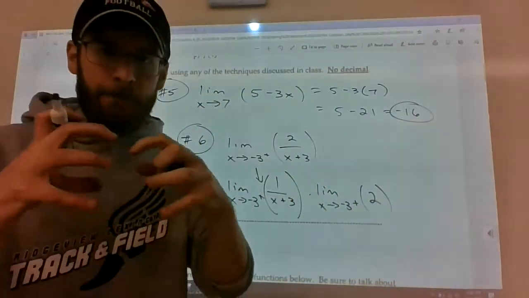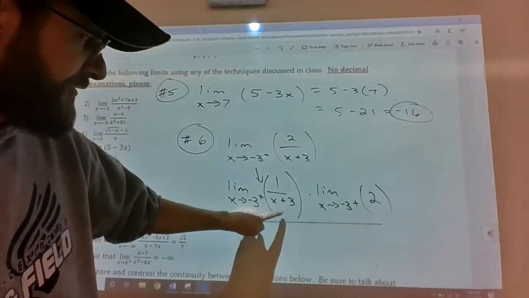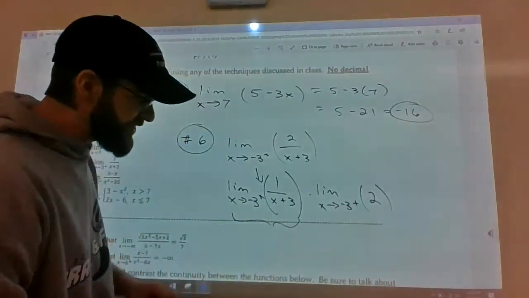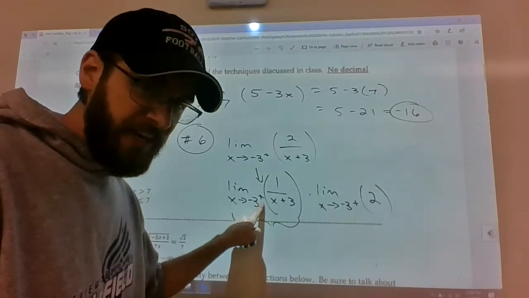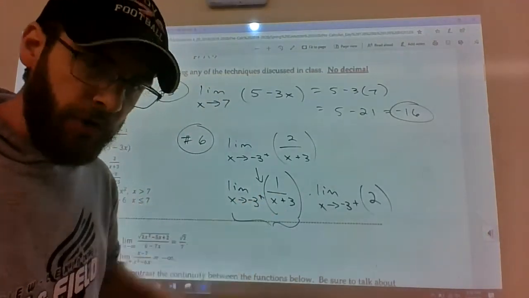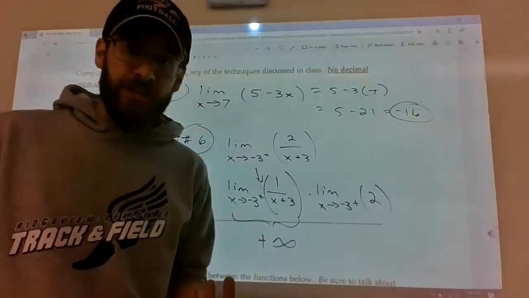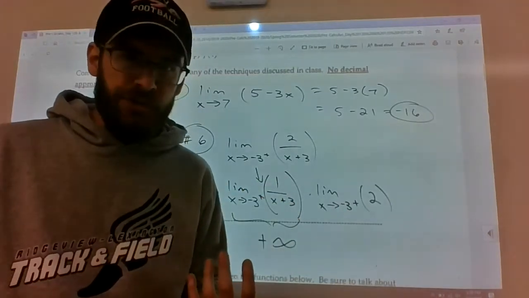So I decomposed the original function to have this part right here. The reason being is because if it's coming from the right, that always yields positive infinity for this particular part. And then all we got to do is multiply by whatever this non-domain issue value is.